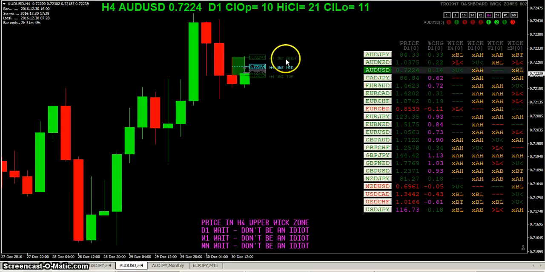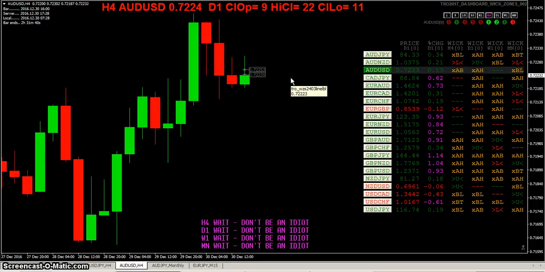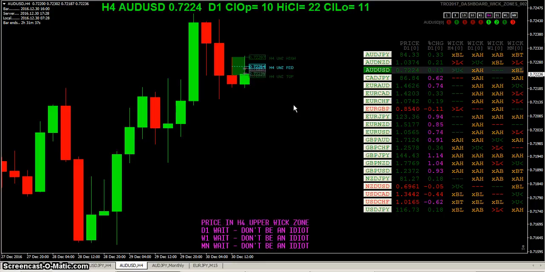High means the high of the previous candle, and the top would be the close if it's green. Okay, and that one just got out of the wick zone. You see how it, and the reason it does that is so you're not an idiot. If you don't see the zone, you can't trade it, right?